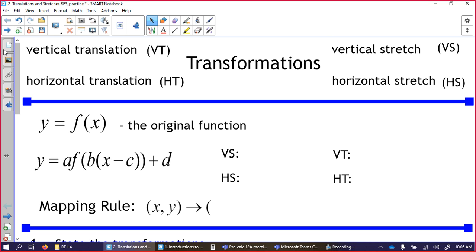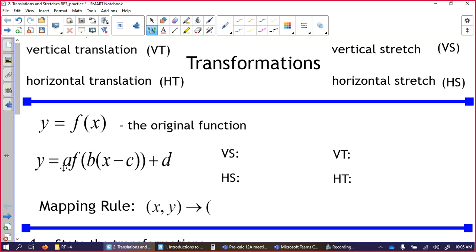So for transformations, once I find my cursor, pen: vertical translation, horizontal translation, up and down, left and right, like we said, vertical stretch, horizontal stretch. For this whole thing, we're talking about y equals f of x, some function. What it is is fundamentally irrelevant.